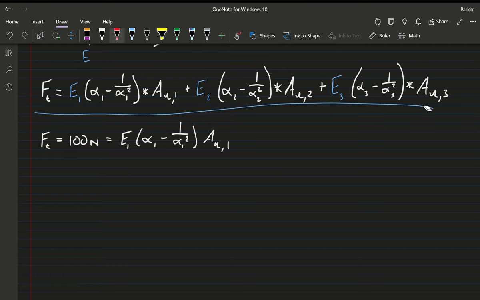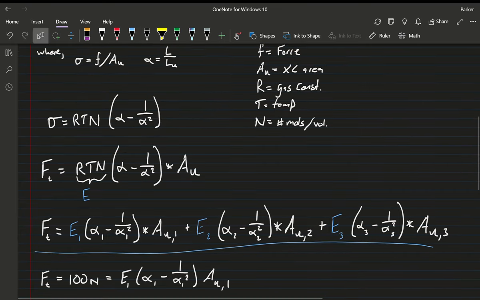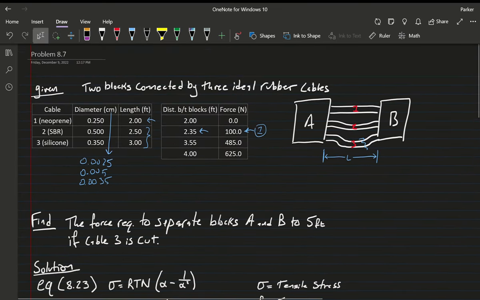And knowing that, alpha 1 in this instance is equal to the stretched length over the unstretched length.